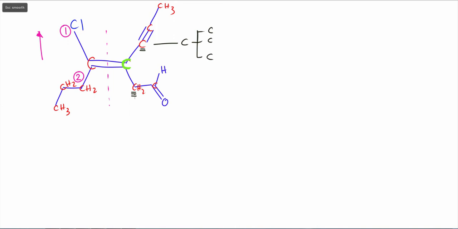Now, this carbon is bonded to this carbon and the two hydrogens.